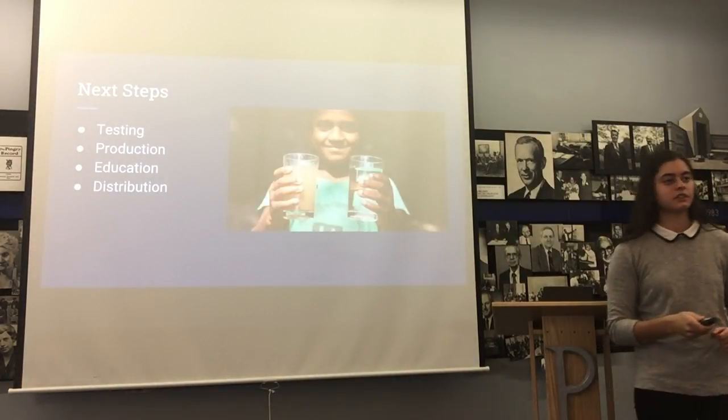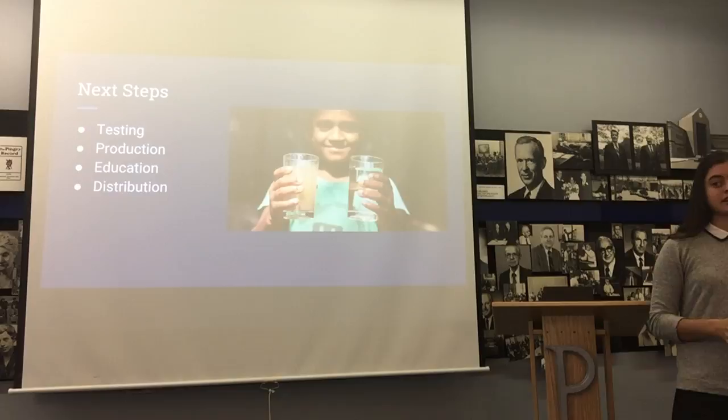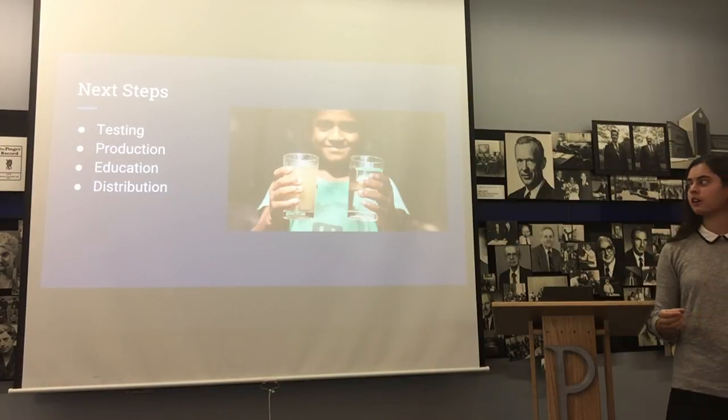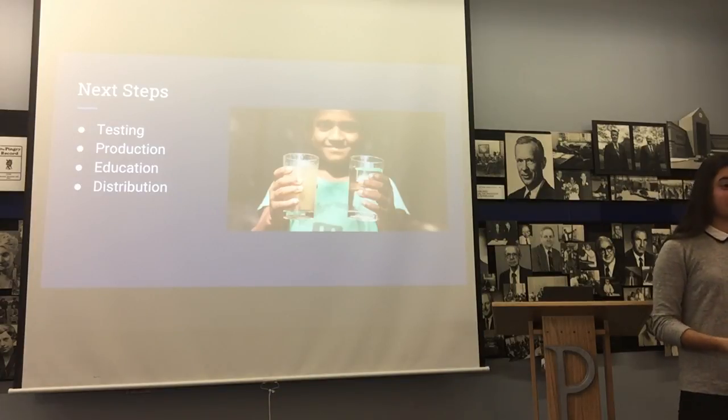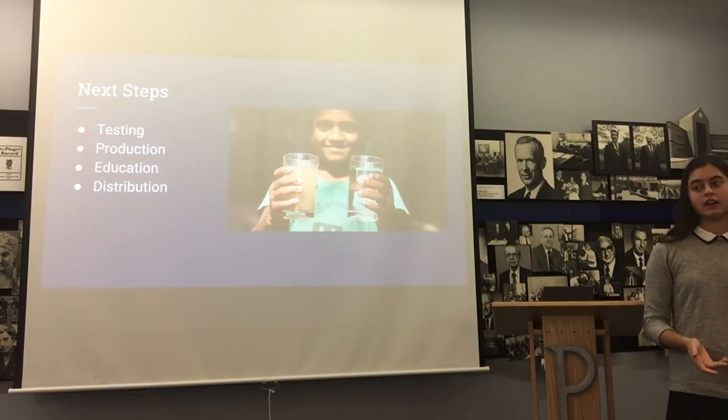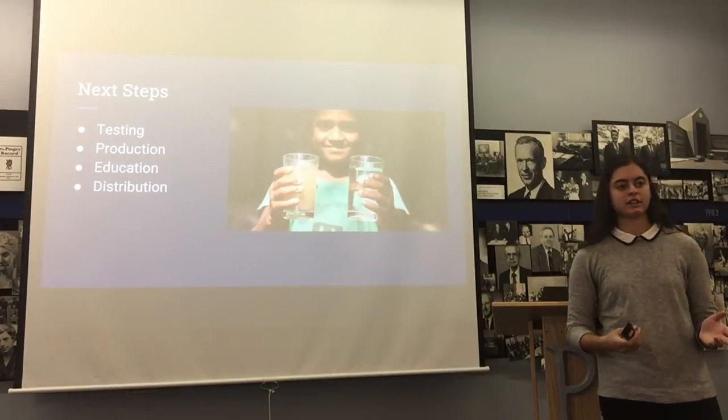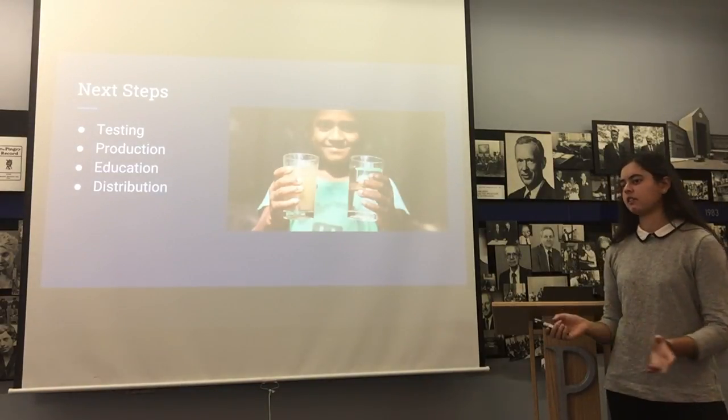The next steps for this technology is testing. So first we need to test the MLS2 with different catalysts and maybe different ranges and different widths of the layers. And we need to test it on a lot of different kinds of bacteria. There are thousands of types of bacteria out there. And even in other things that can affect water, like viruses and all of that.